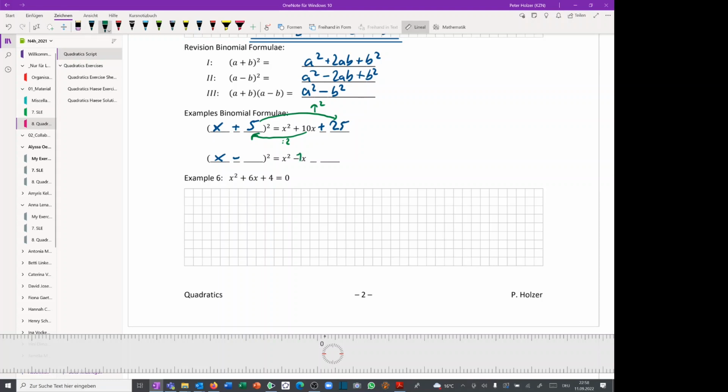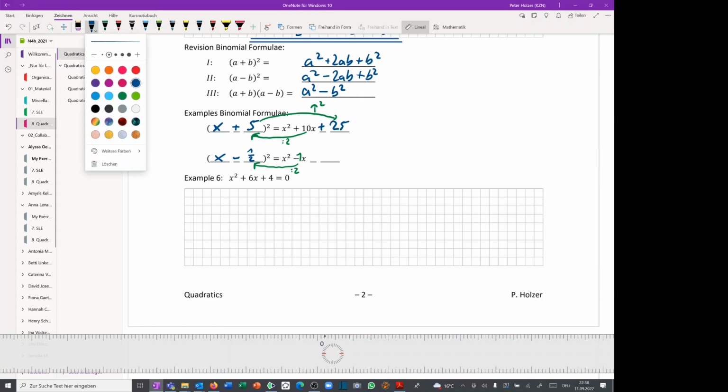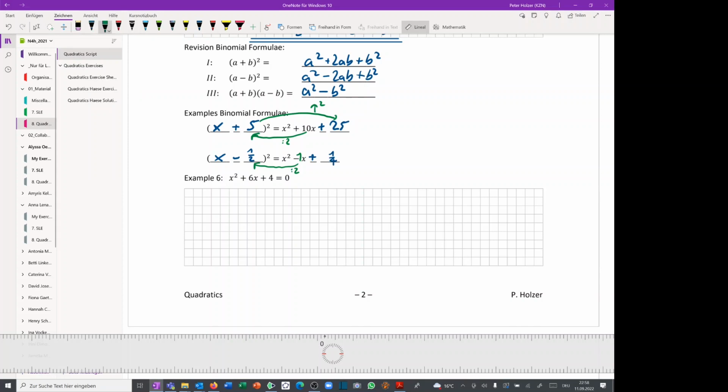We have to divide that by 2. So what we get is a half. We get x minus 1/2. And again, to get then the last part on the right hand side, we square it and we get plus 1/4 by squaring.